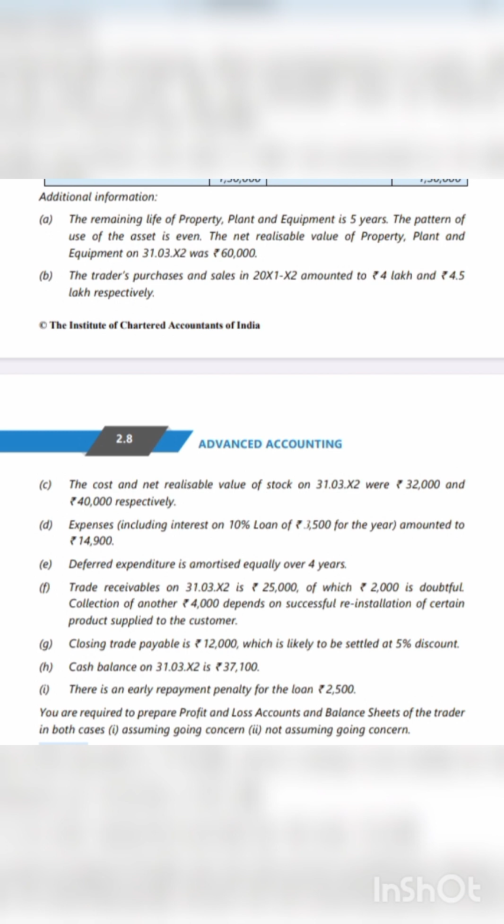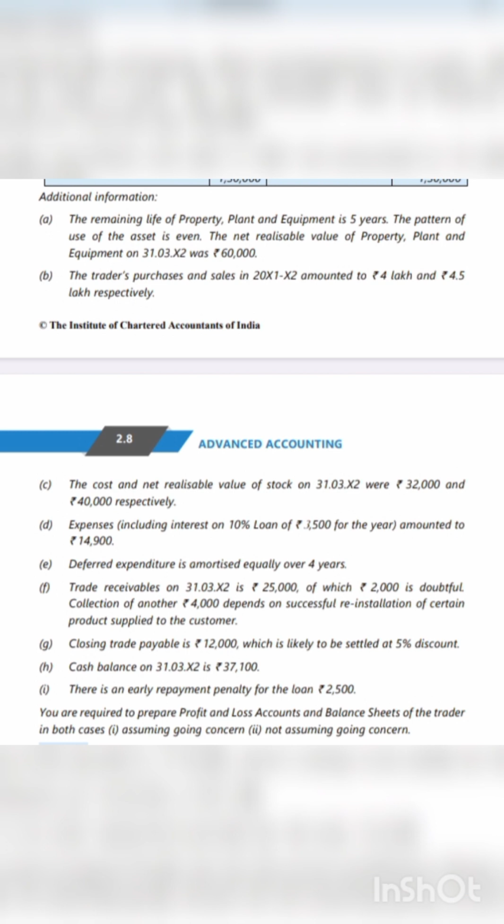F. Trade receivables on 31st March 2012 is rupees 25,000, of which rupees 20,000 is doubtful. Collection of another rupees 40,000 depends on successful reinstallation of certain product supplied to the customer.